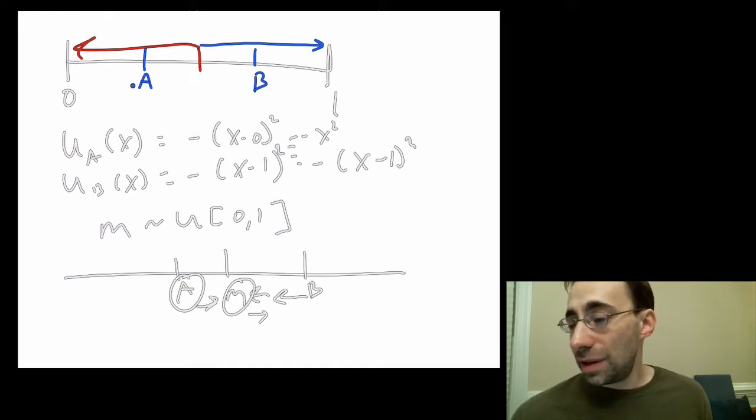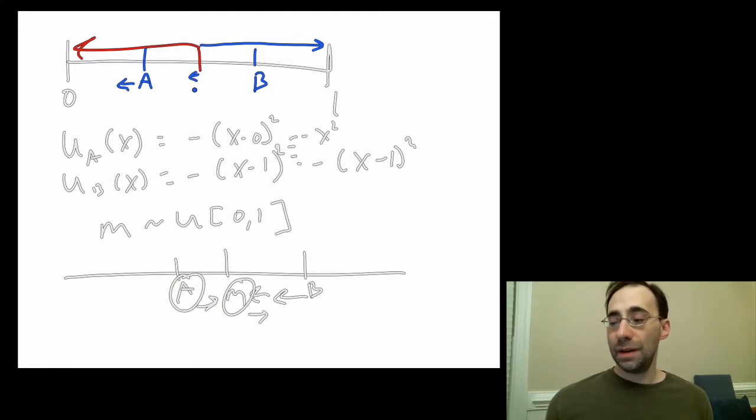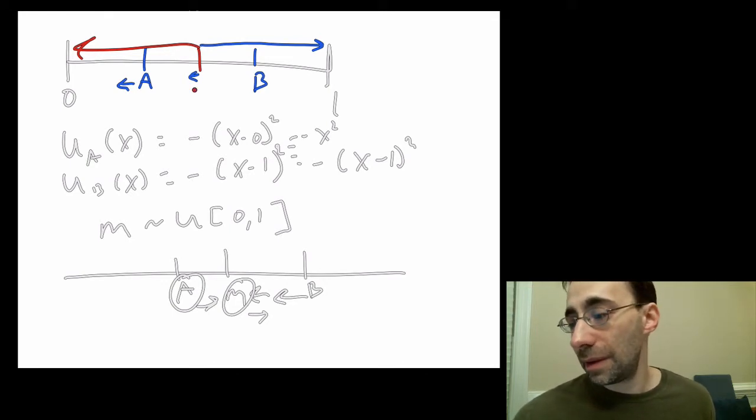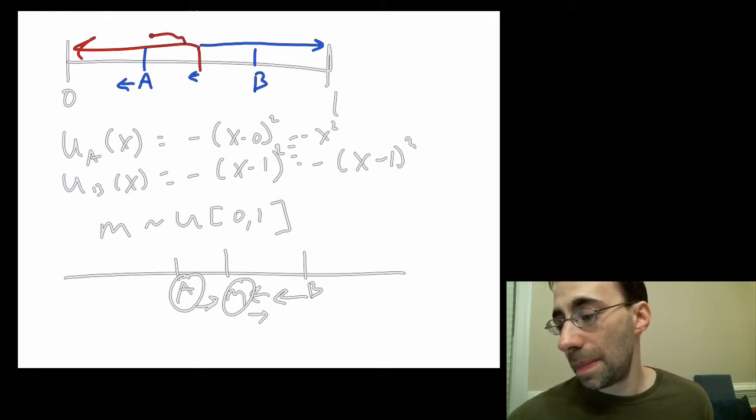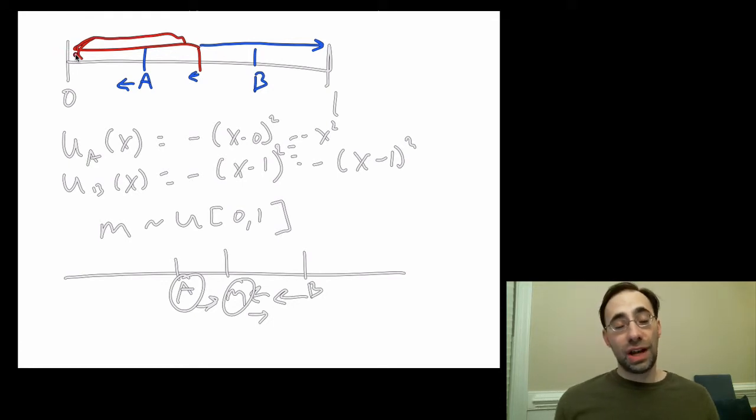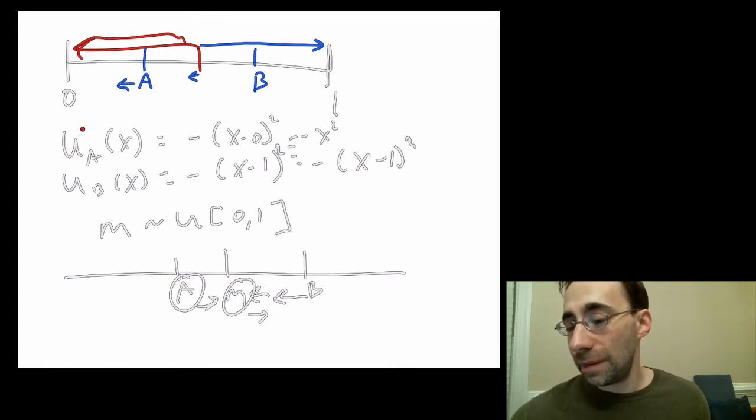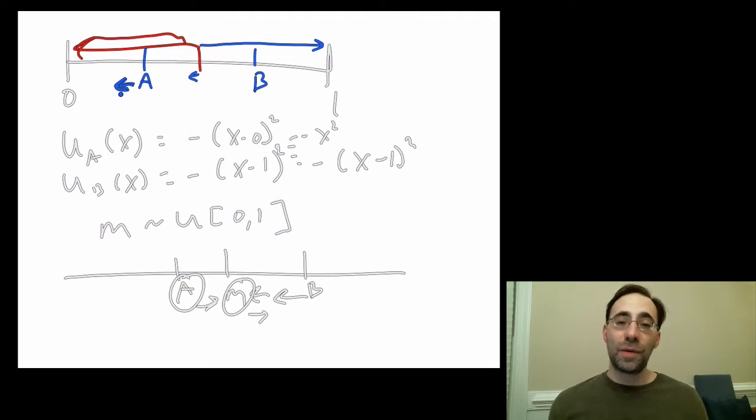If party A moves to the left, the midpoint moves to the left too. So party A wins less often because the red area over here gets smaller. So the chance that party A wins decreases. But should party A win, party A is now closer to 0, and it makes party A happier. So there's a trade-off between what you get if you win and your chance of winning.